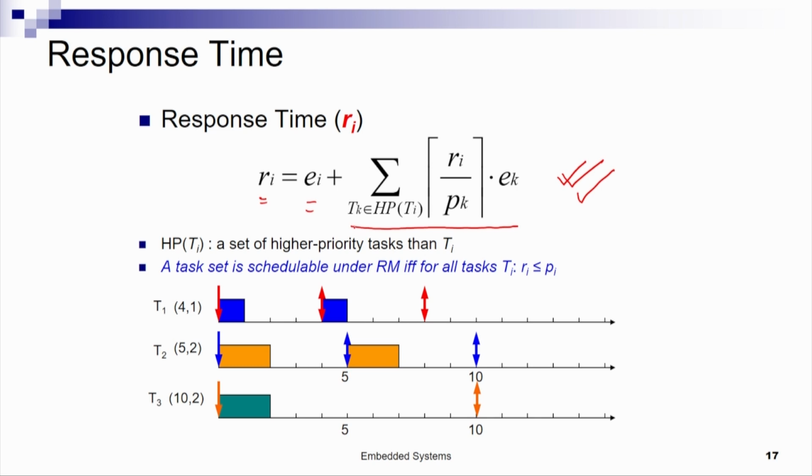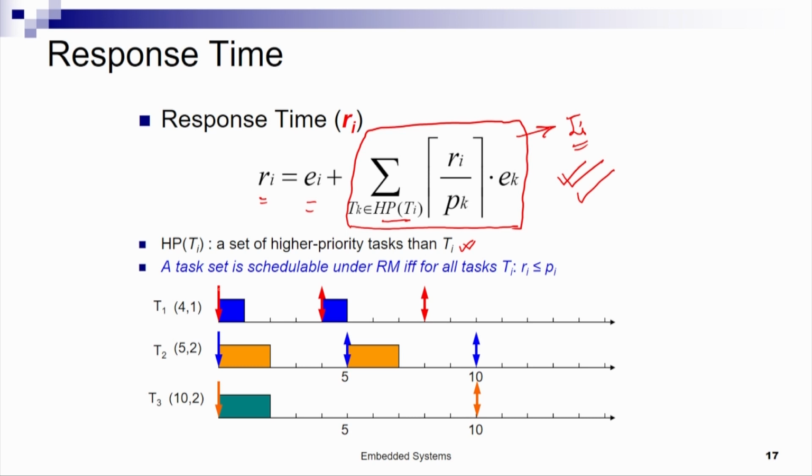This part is called the interference created by higher priority tasks. So, the interference for task Ti is created by the set HP_i of tasks which have higher priority than Ti.